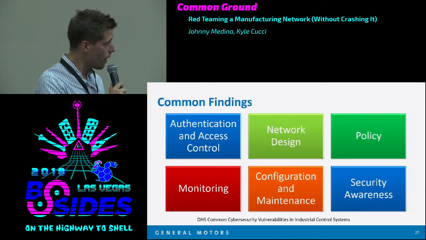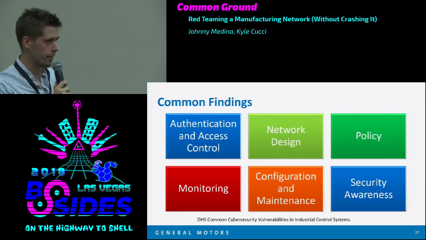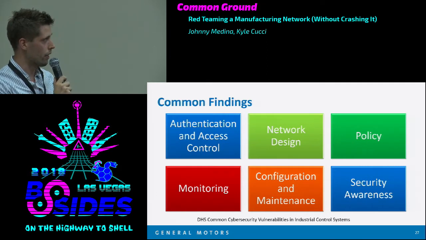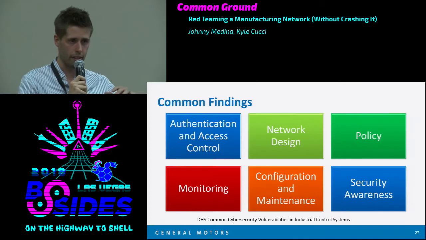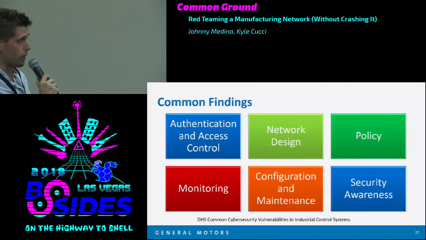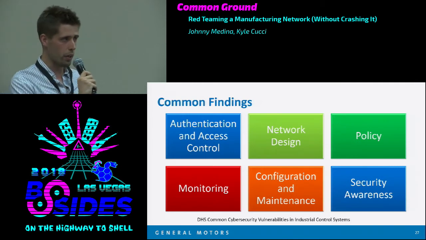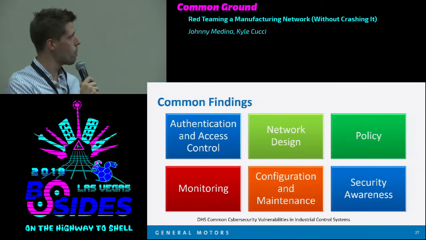The next would be network design. This goes into network segmentation and segregation. There was a lack of segmentation between different networks. For example, the supervisory and the control network should always have some kind of a segmentation or a firewall in between, and we sometimes didn't see this.